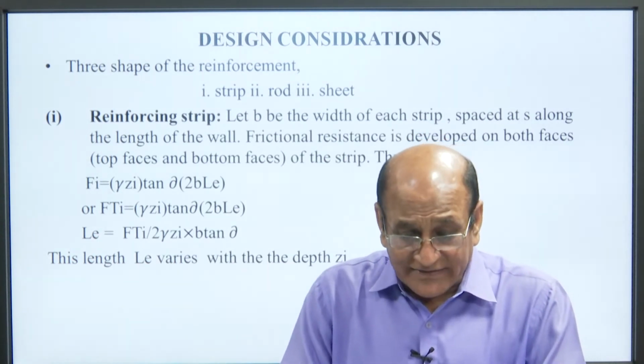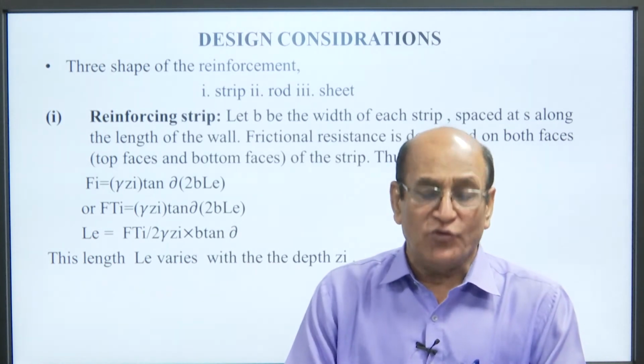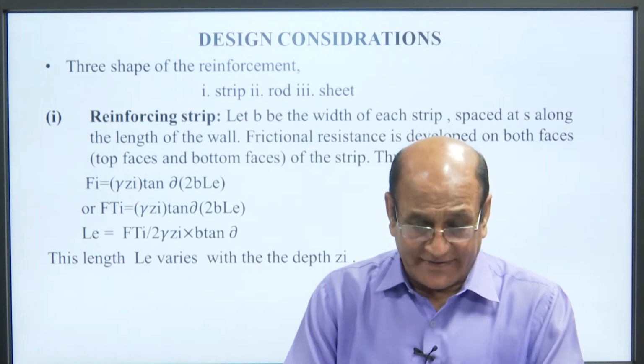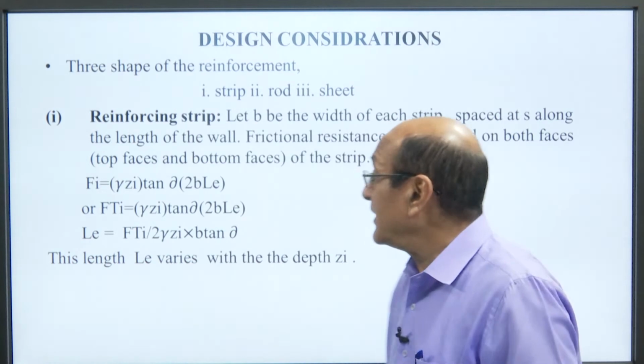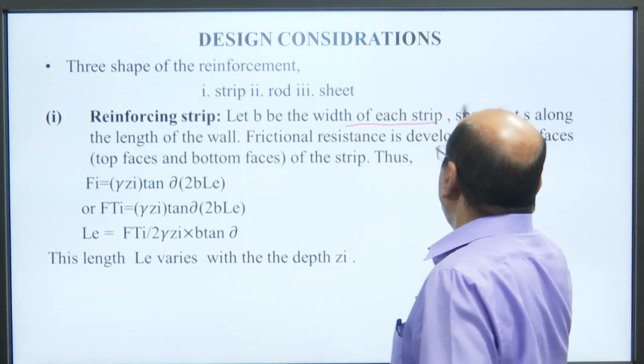So, these are the 3 types of reinforcement used in reinforced earth: strip, rod and sheet.